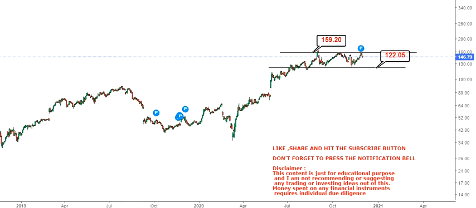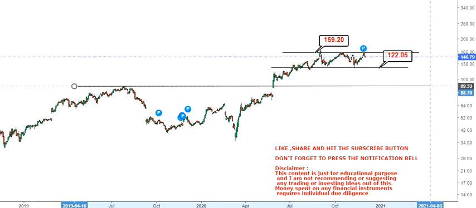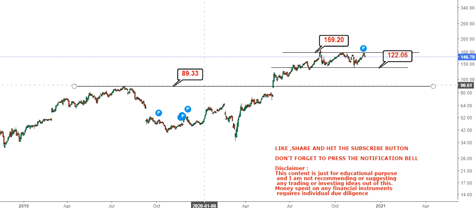Now if the stock sustains or consolidates in between these two ranges, that is fine, and a big trend or a new trend will only start once the stock makes a breakout and sustains above $160. But in case the stock falls below $122, then the next probable support will come at $89.